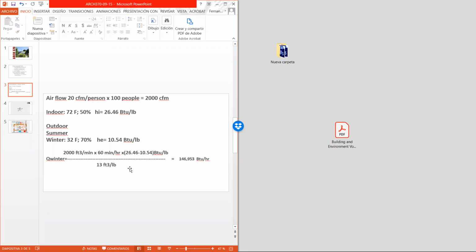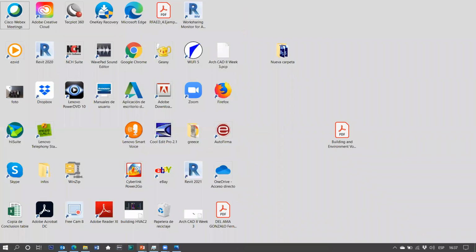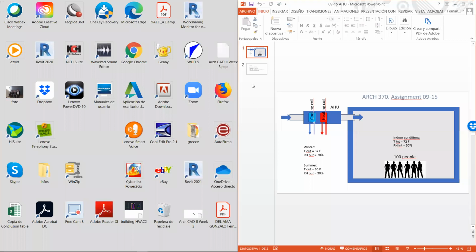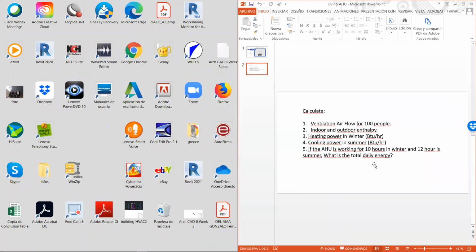Okay, what is the energy now? And this is the scary moment. It's 146,953 BTU per hour times the hours of operation. I think the system operated for 10 hours in winter and 12 hours in summer.